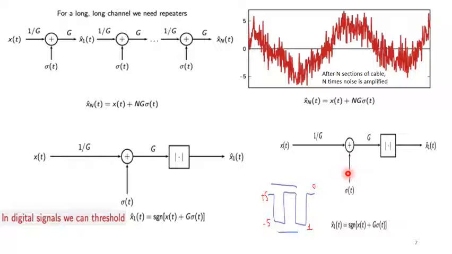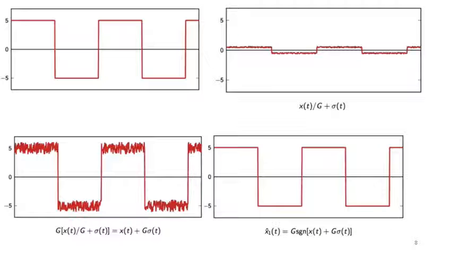So at the receive end here, we will get x1(t), amplified by a gain g, plus g times the noise signal. Okay, so that is what we received here. Again here it's drawn the same signal.